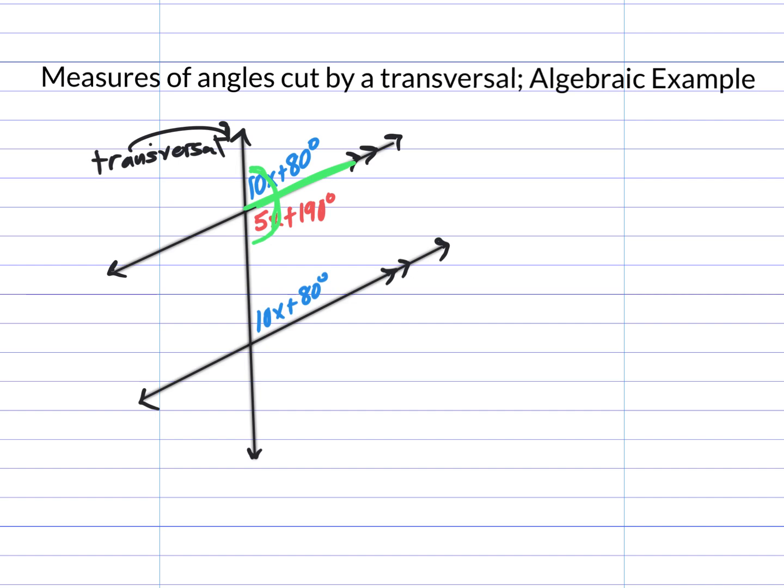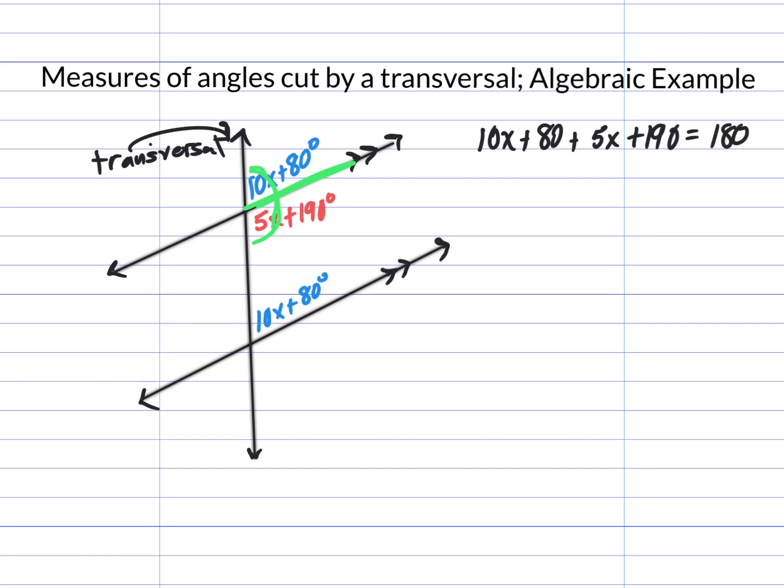And so I can add those two angles together and they should total to 180. That should give us an equation that we can solve for x. So 10x plus 80 plus 5x plus 190 equals 180.